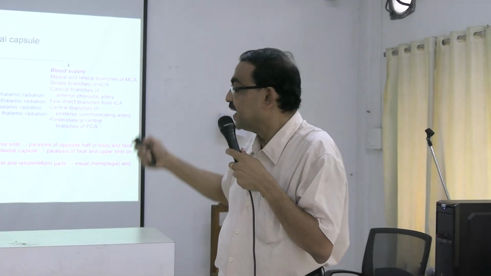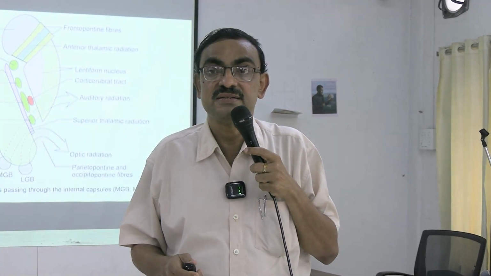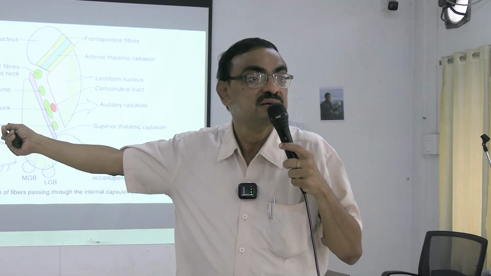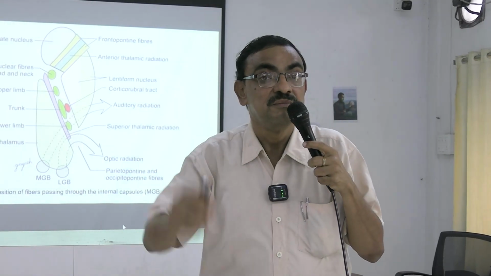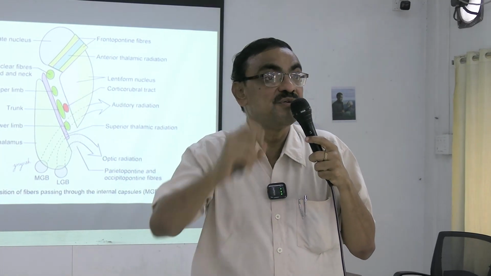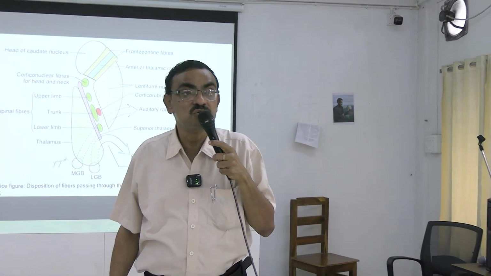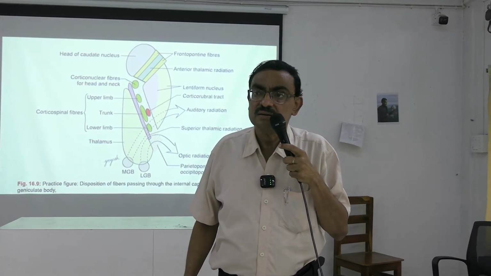The central part again divides, giving medial and lateral branches, and the lateral branch is very important, that passes through this posterior limb, and one of the arteries is very thick, and that is called Charcot's artery, and that gets affected.